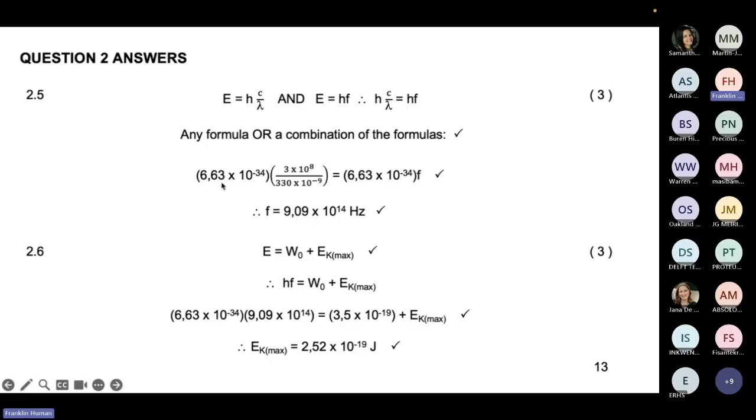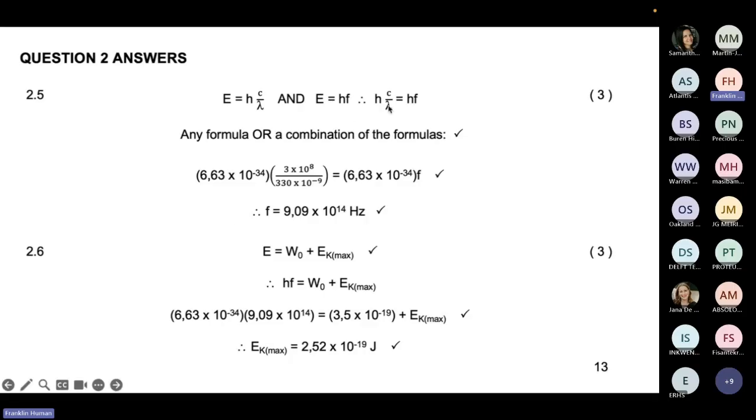But the value for h is that value over here. Then the speed of light is 3 times, I'm so sorry, I've been saying 10 to the power 18 when I meant to say 10 to the power 8. 3 times 10 to the power 8 meters per second. That's the speed of light.